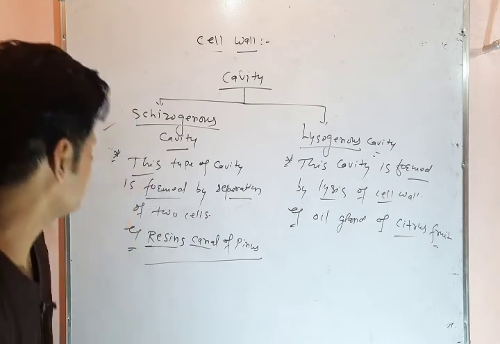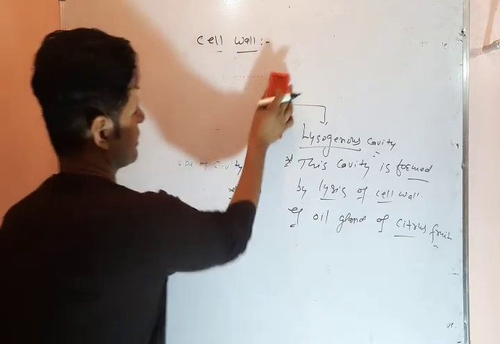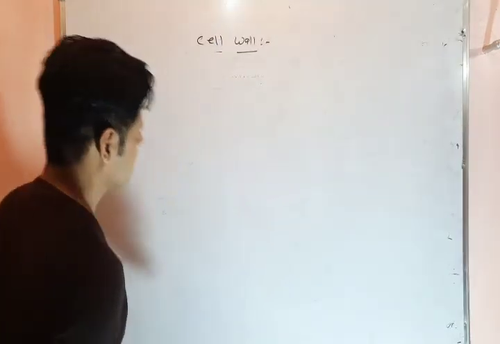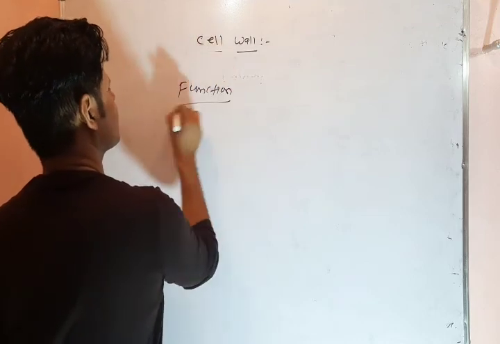Last one is the function of the cell wall. The main function of the cell wall is to provide protection to the plant. What are the functions of the cell wall?